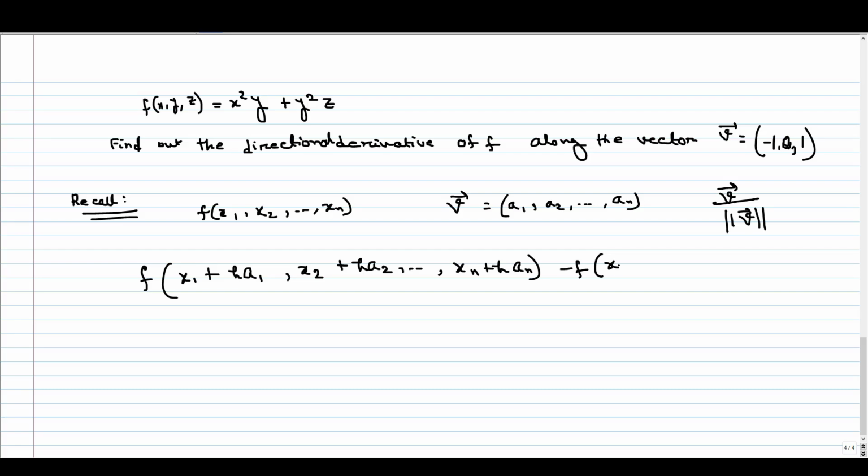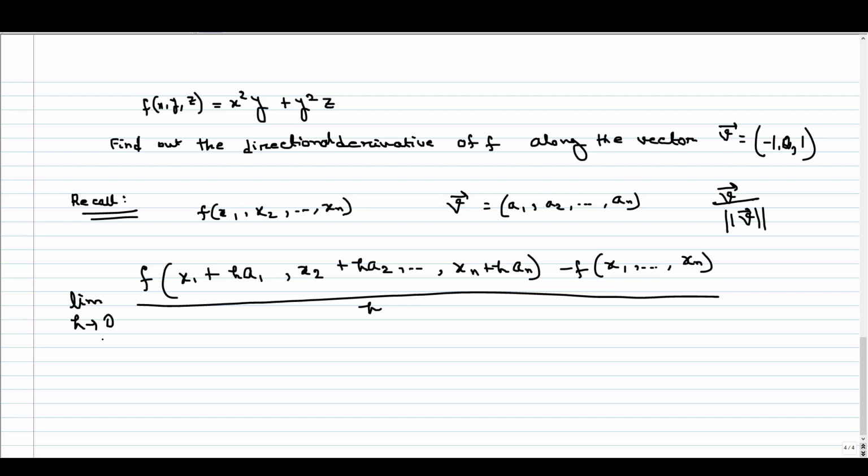To find the inclination we subtract the functional value at (x1, ..., xn), divide by h, and calculate the limit of this function as h tends to 0. So this is the definition of directional derivative along this vector.